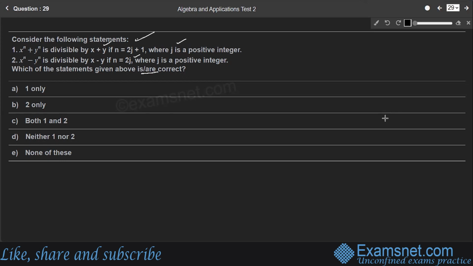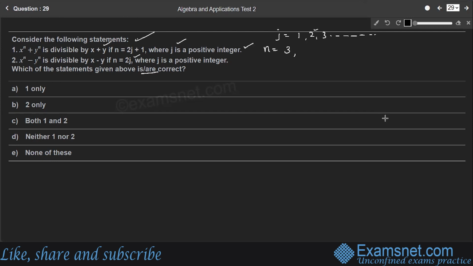So here let us consider two statements, right? In the first statement, n is equal to 2j plus 1, where j is a positive integer, means j starts with 1, 2, 3, and so on. So if j is 1, n becomes 2 into 1 plus 1, which is 3.